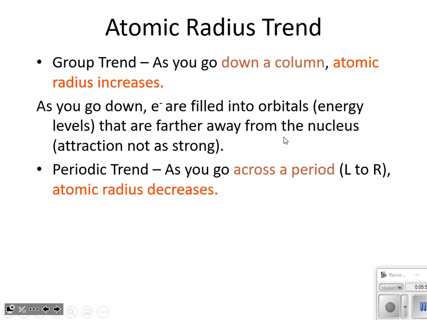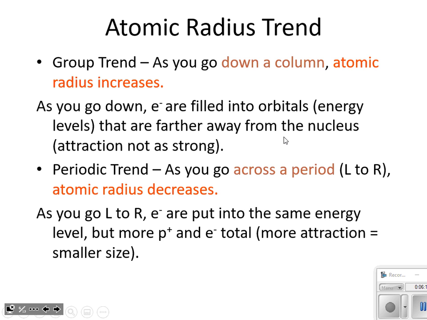Now let's look at our period trend across the period. Okay? As we're moving left to right across the period, the atomic radius decreases. Now you ask yourself, why does the atomic radius decrease as we go across the period? Well, as we go from left to right, we are putting electrons on the same energy level.